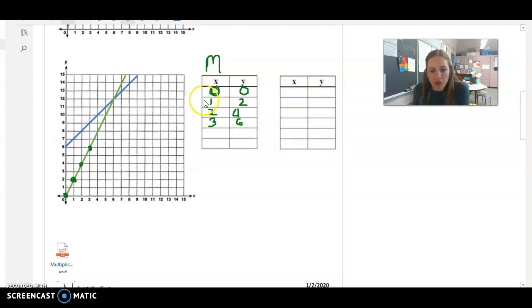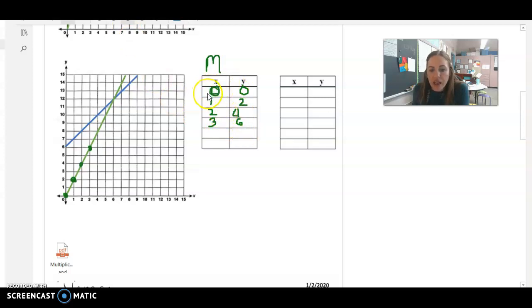But here when we increase x by 1, we go up 1, 2, 3, our y increases by more than that. It goes 2, 4, 6. It's increasing by 2 each time, isn't it? So that's another reason why it's multiplicative, because it doesn't follow the additive rule of increasing by 1.